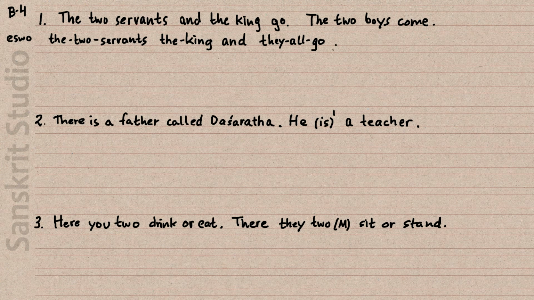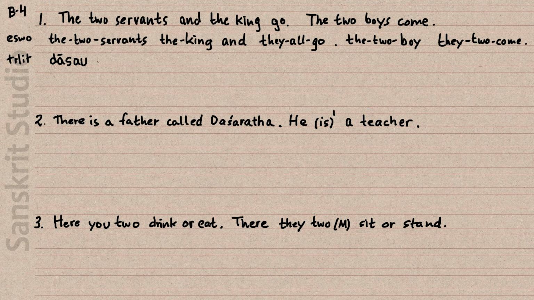Alright, good. And then the two boys, and we clarify that they two come. And the transliteration is: we're talking about dasah, one servant, but dasau, the two servants.